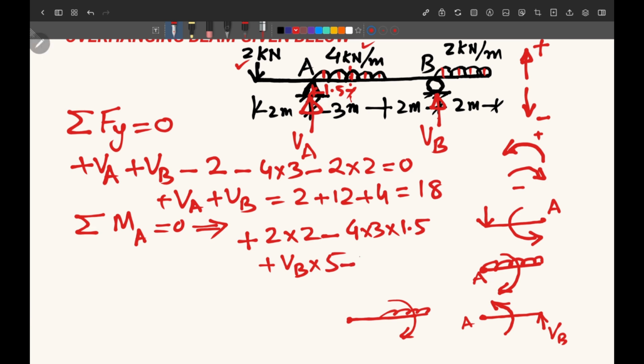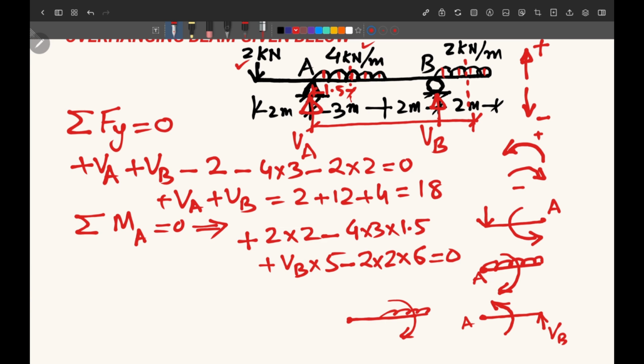So minus 2 into 2 into the distance from its center up to point A. Here is its center. So from B it is 1. Therefore from A the distance will be 3 plus 2 plus 1. That is 6. And this whole thing equal to 0.